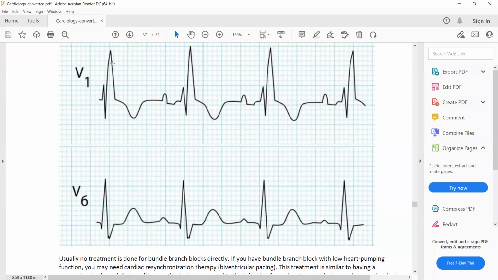Is that right, Dr. Asma? Yes. So this is called RSR pattern, which is a specific feature of right bundle branch block. Is it clear now? Yes, it's clear. Thank you.